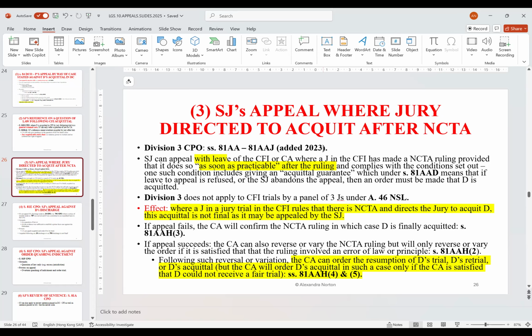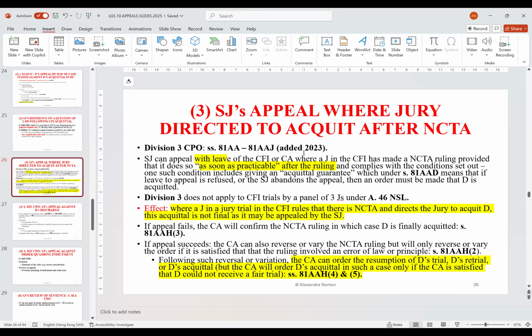But in 2023, this Division 3 of the CPO was introduced so that now the SJ can appeal with leave following a no case to answer ruling if it does so as soon as practicable. No guidance in the provisions about what that means, but obviously they would have to act quickly because if the defendant is granted bail, then they could be out of the jurisdiction depending on the conditions.